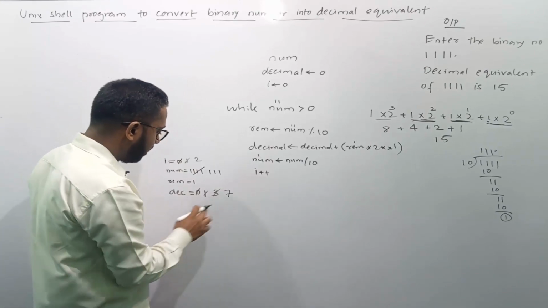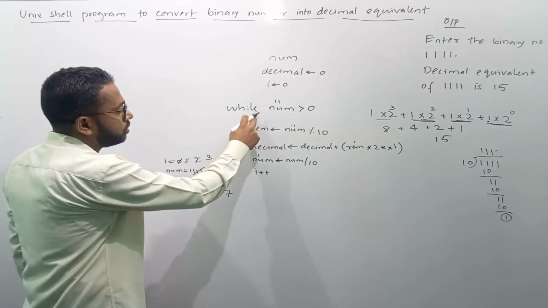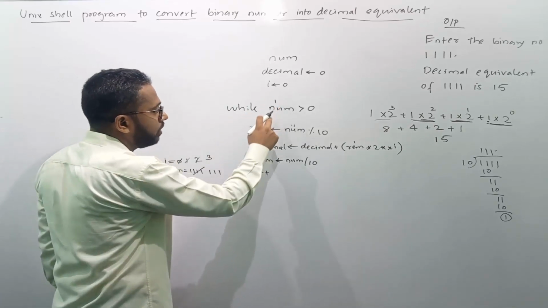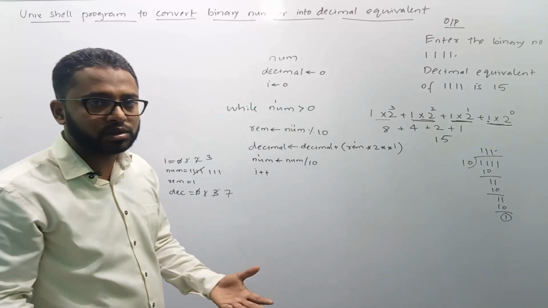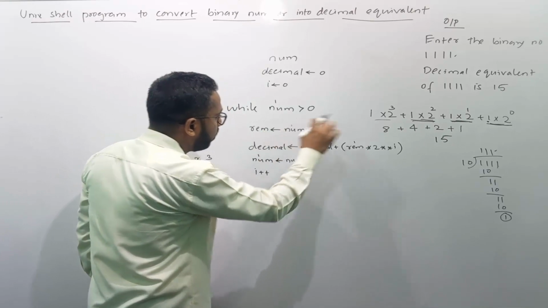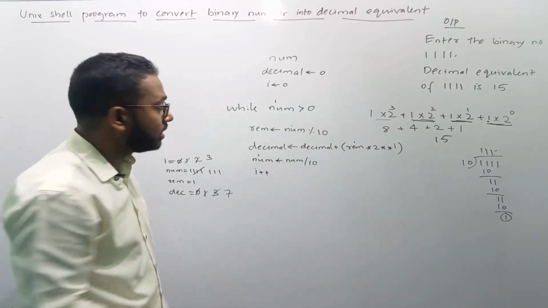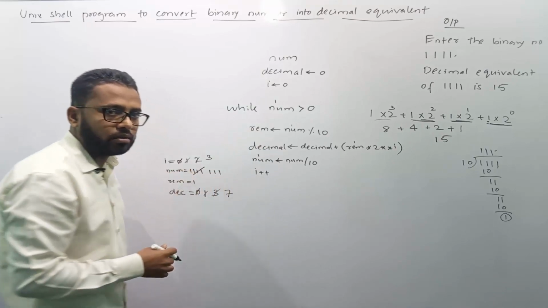I plus plus, I gets changed to 3, gets incremented. Then control goes back to while where the new value of num, which is 1, gets checked with 0. 1 is greater than 0, condition becomes true. Control comes inside while to find out the remainder, 1 mod 10, we will get 1 as the remainder. So remainder, yes, 1 only.